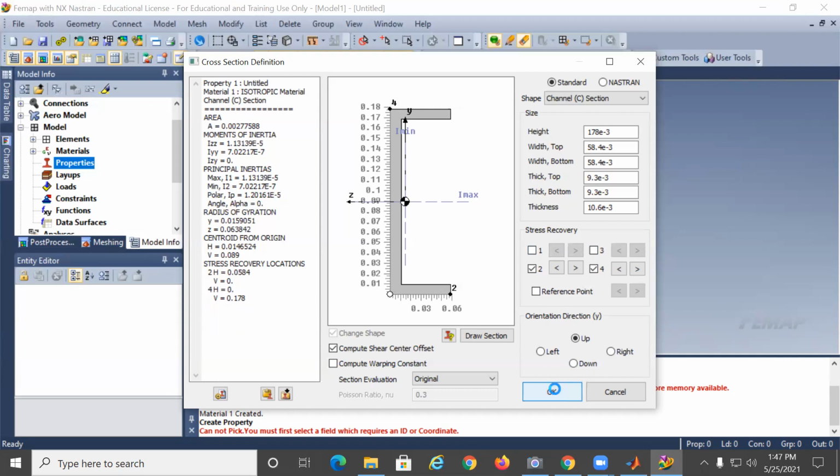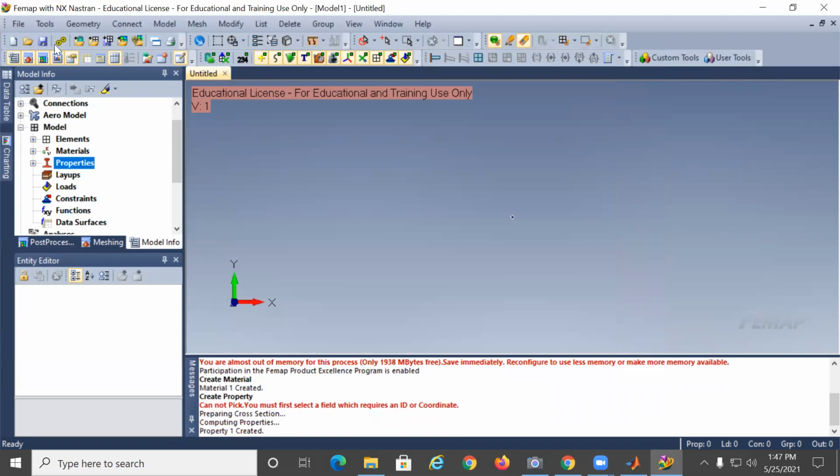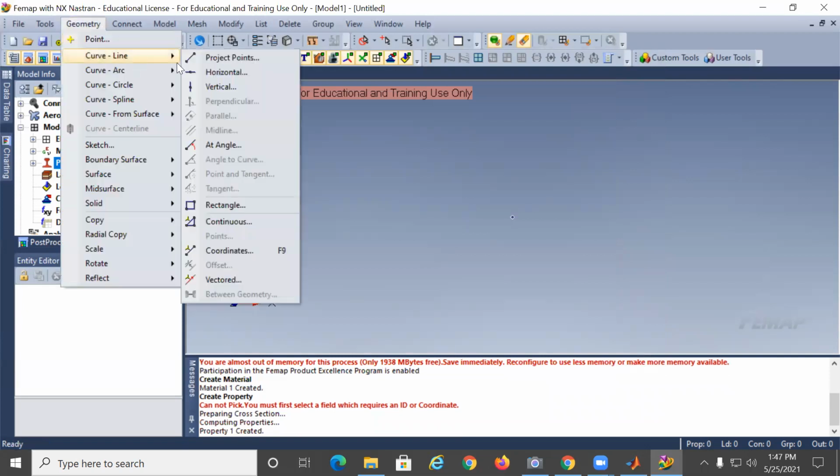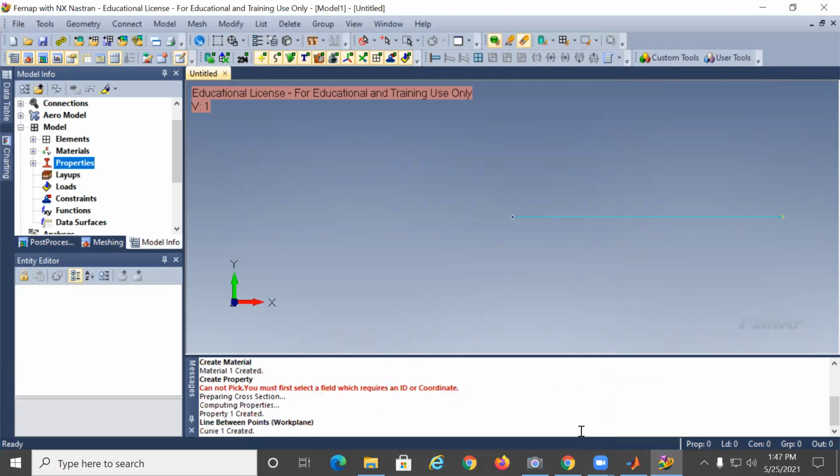Y is going up, you can say okay. It gives you all those different properties for the area and so on. Now I need to create a geometry. So geometry, curved line. We go from 0 to 1 meter. Control A to center the image.